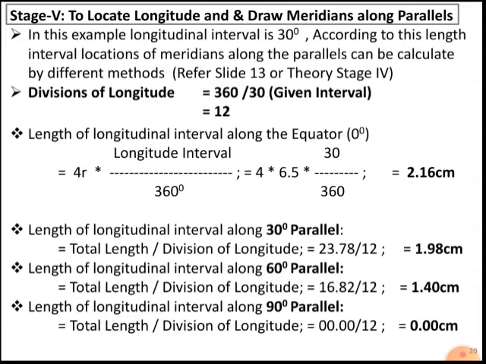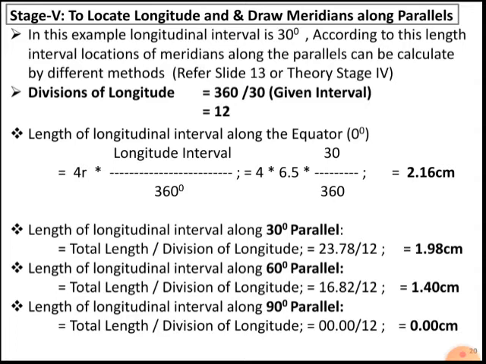Once you have these answers, you must take the distance, like 2.16 centimeter, which is the distance of the longitude along the parallel. It will remain the same. You can take slightly more than 1 millimeter, or you can round it up and take 2.2 centimeter.